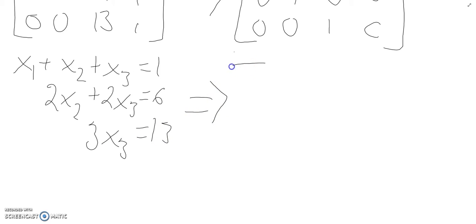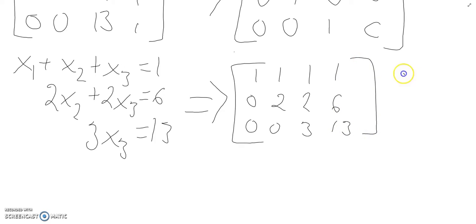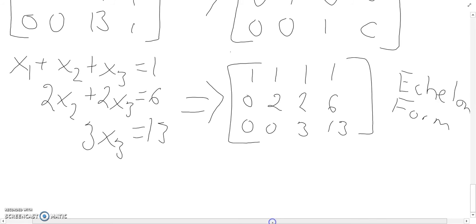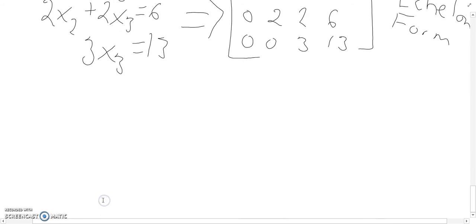The first step is to put it into augmented matrix form: 1, 0, 0, 1, 2, 0, and then 1, 2, 3, and 1, 6, and 13. So this is in echelon form. I don't know if you can see that just yet. We're going to use our row operations to get it to reduced echelon form and find the solution. So let's continue.